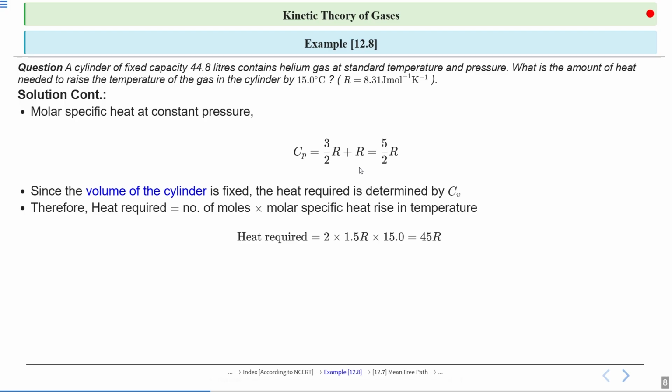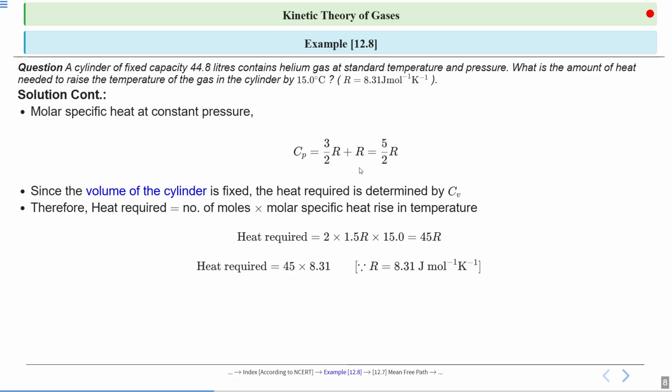This simplifies to 45 R. Here we used 2 moles because the problem implies a standard molar volume, and 1.5 R is the specific heat at constant volume for helium. So when solving, you will get heat required equal to 45 R.